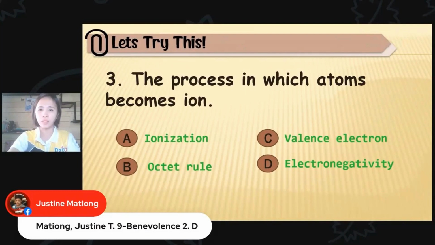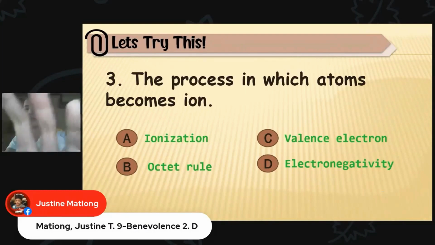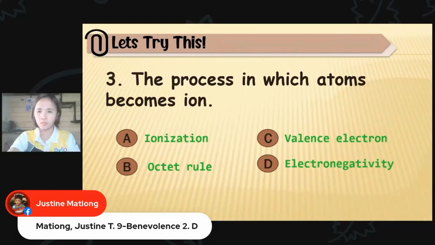For number 3, the correct answer is... Asan na yung mga sagot nyo? Or nalilate lang ako ng basa? For number 3, the correct answer is... Ano pong tamang sagot sa number 3?